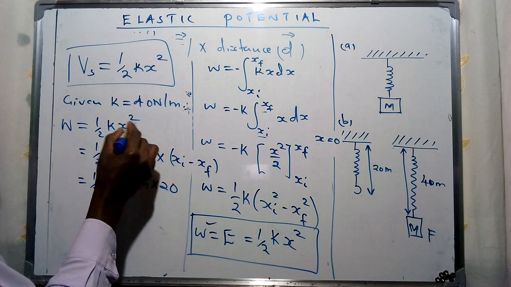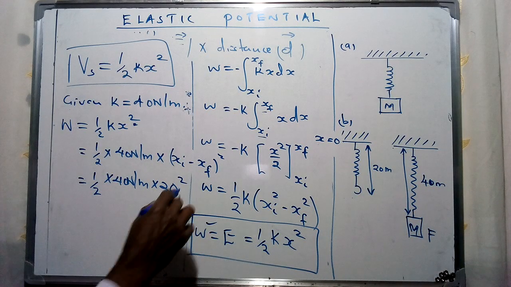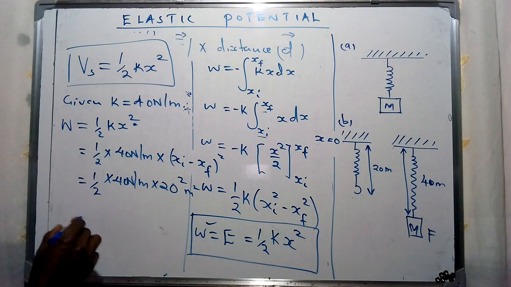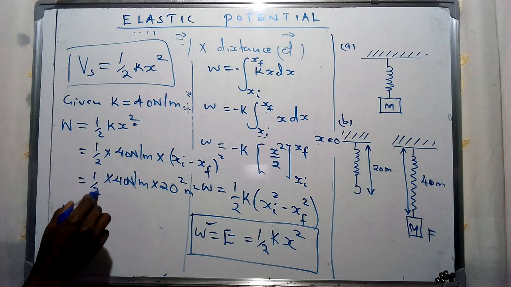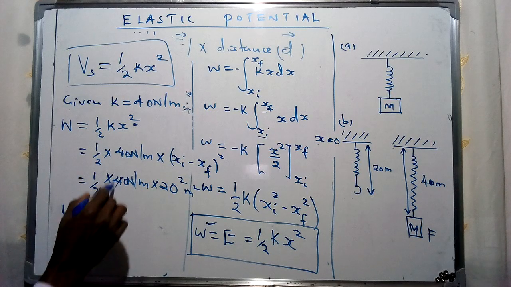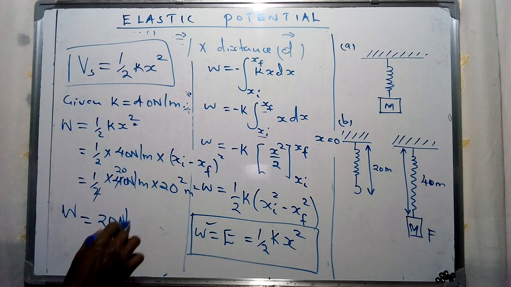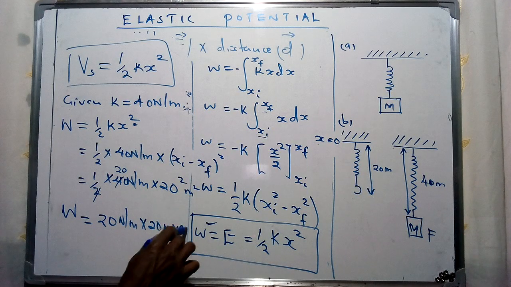So in this case, this is going to be basically a square of this specific distance, and therefore we expect to have a square of a meter given as such. So work is equivalent to 20 newtons per meter times 20 meters times 20 meters.